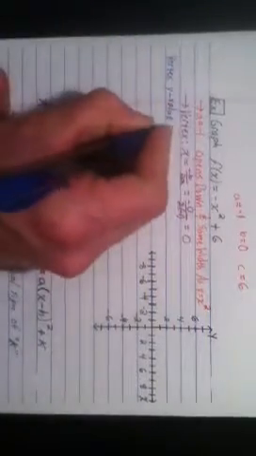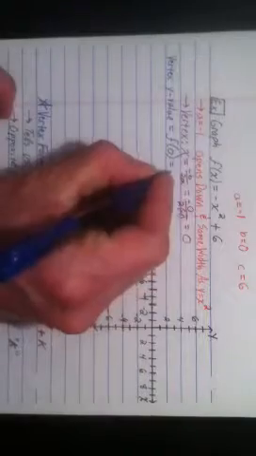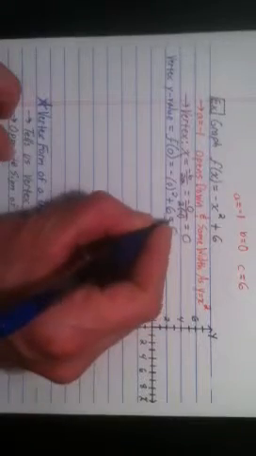To find the y value of the vertex, that's going to once again be the function f evaluated for that x value of 0. So plugging 0 into the equation, we have -0 squared plus 6, which is just going to be 0 plus 6, gives you 6.